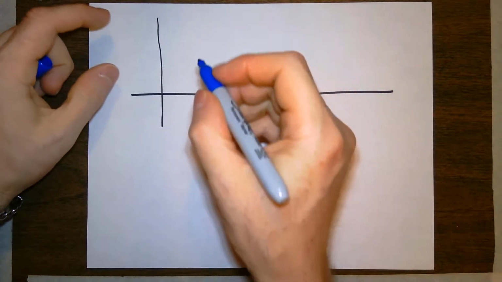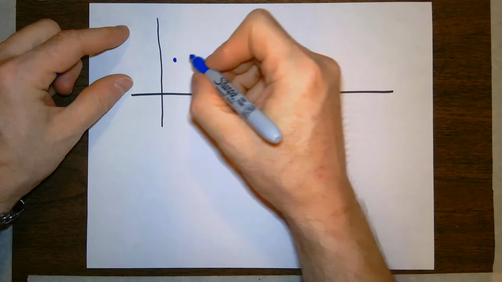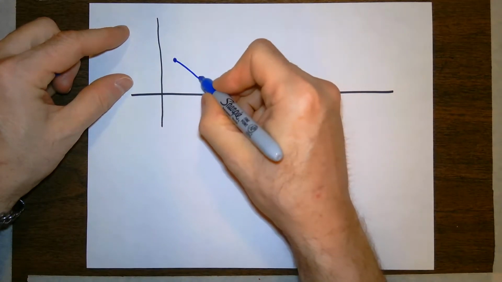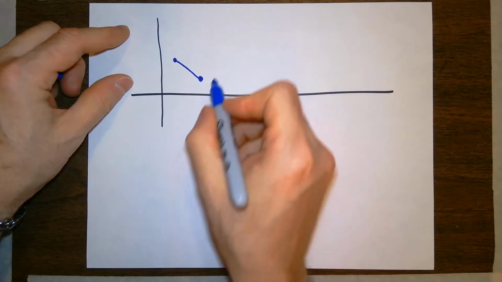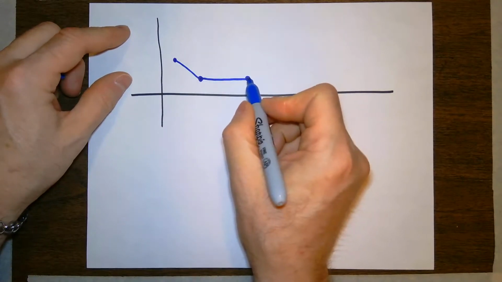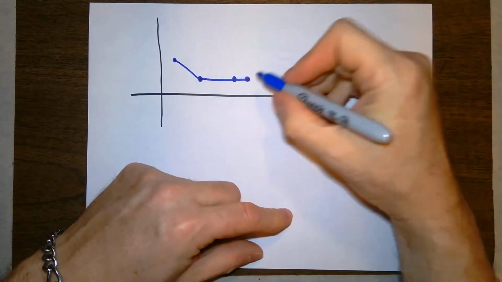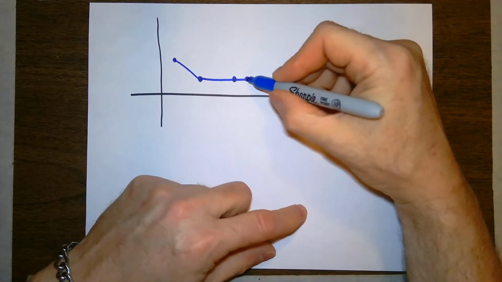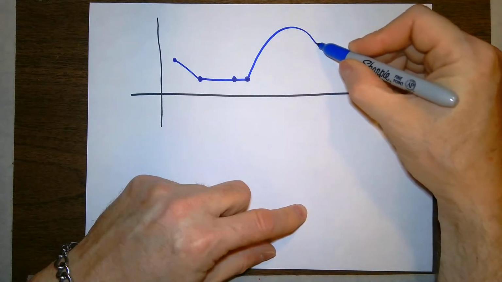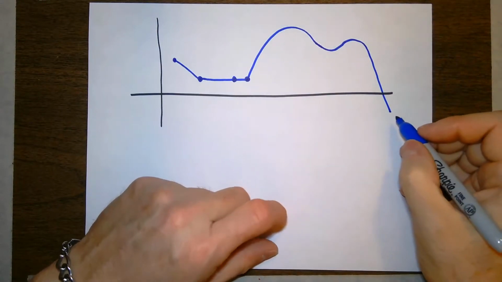I'm going to give you some different points. We're going to start right here. I'm going to come down to some point right here, go straight across to some point right here, and include another point right there. Then I'm going to go up and then down, and then up and then down, ending right there.